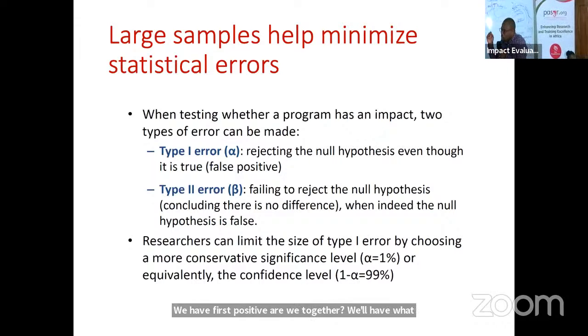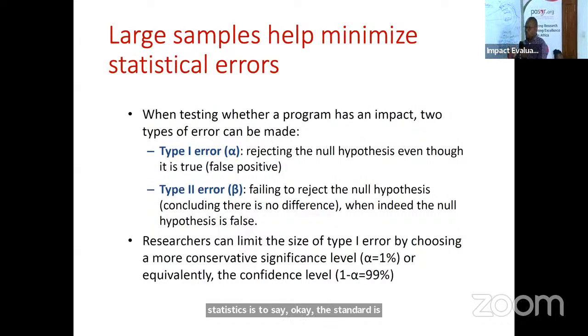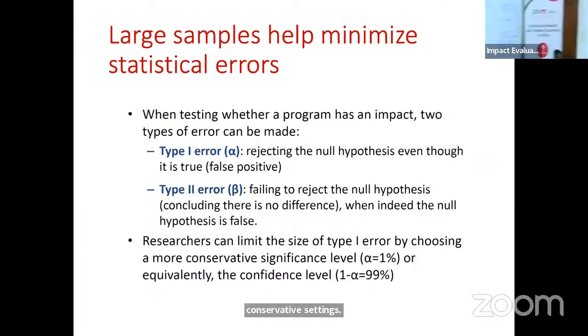Now, what we usually do in statistics is to say the standard is 5%. But if we want to be very conservative, we'll say 1%. Meaning 99% of the time, we are likely to rule out false positives. Are we together? It's only 1% of the time. In other very conservative settings, with Bonferroni correction, you actually divide this by 2 on both ends of your bell shape.